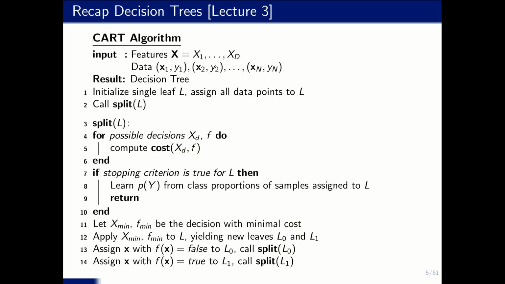Recall that this cost was defined by improving the purity, by checking whether the new leaves contain more samples of only one label. We had several purity costs, and we decide for the decision with minimal cost. This split induces two new leaves, L0 and L1, and then we recursively call the split function again. We do this until a certain stopping criterion is met. Again, please consult lecture 3 for the details, this was just a quick refresher of decision trees.